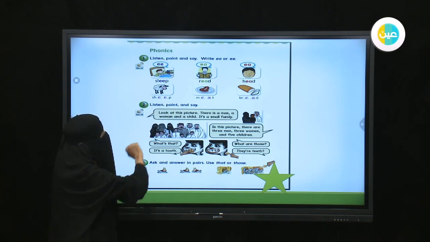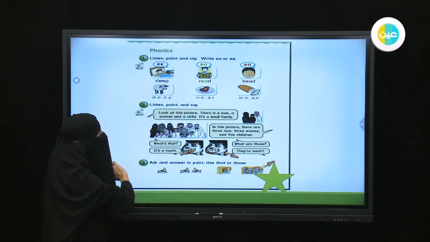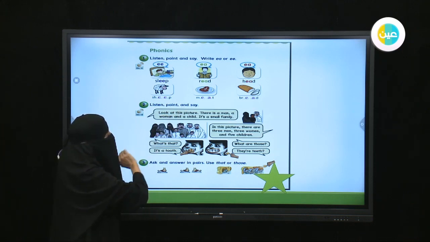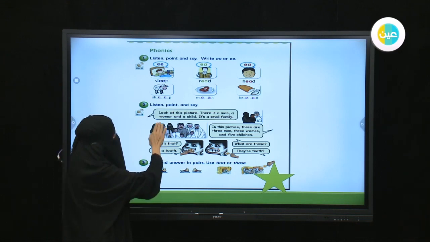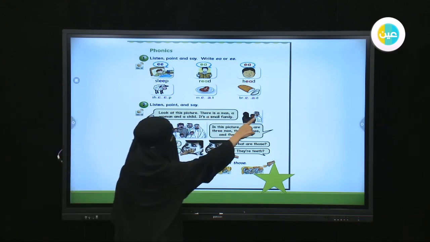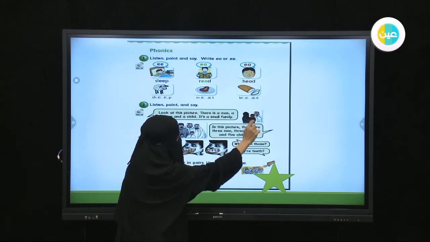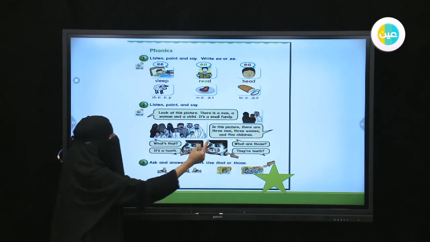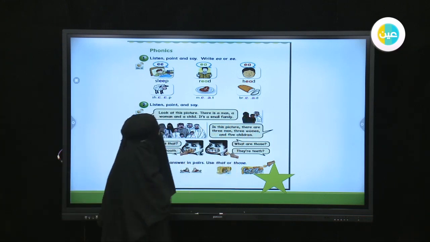Good. Now it says listen, point, and say. We're going to move on now to the irregular plurals. So look at this picture. There is a man, a woman, and a child. So it's a small family. There's one man, one woman, and one child.